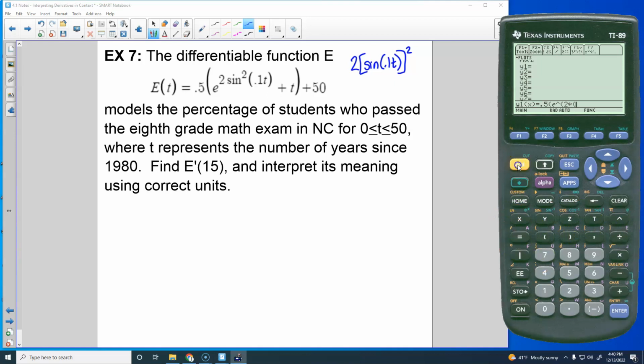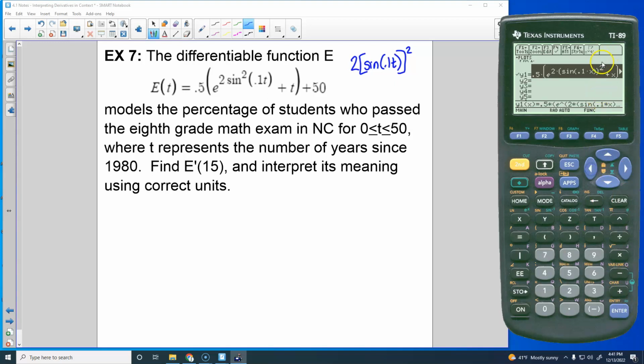We'll do sine of 0.1, we'll use an x. We're going to close that parentheses for sine, then close that extra parentheses around the sine and raise it to the second power there. And then we need to close our parentheses for our exponent so that our plus x over here is no longer in the exponent. And then we have a plus 50 on the end. And let's hope I did that right. I think that looks good.